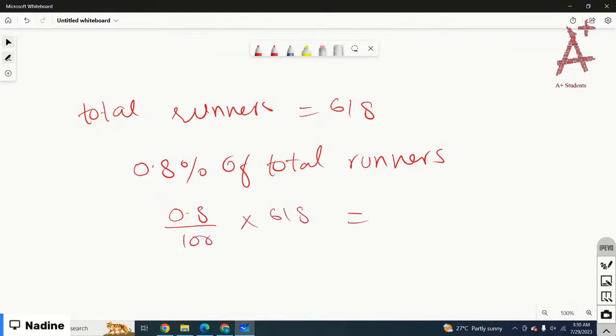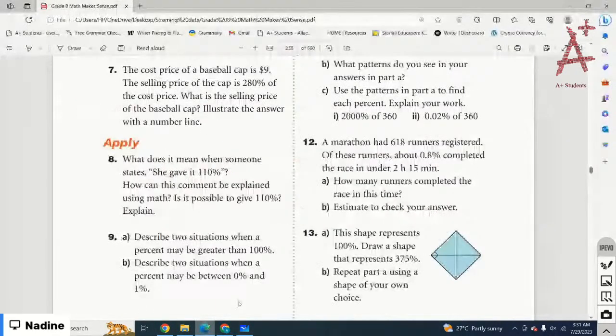Got it? Let me just calculate the value. That would be 0.8 over 100 times 618. This is just 5 of the runners completed the race on time, right? That means out of 618 runners, only 5 completed the race. Got it?